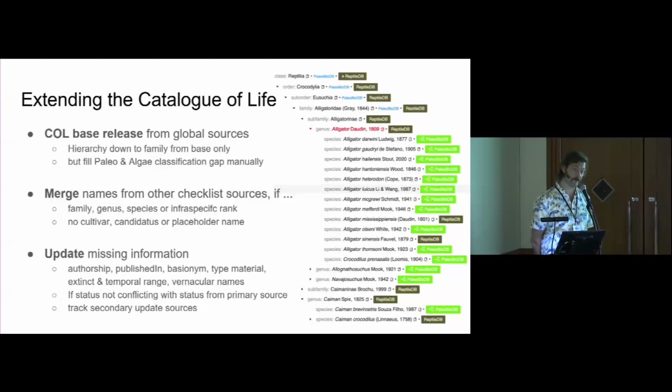Sometimes the publication from when it was first published is missing. The type material might be somewhere else, or vernacular names in some languages exist. So we do update existing species as well from other sources. And we track these by what we call secondary sources, because they're not the primary ones that created or established the species in the Catalogue of Life, but just give extra information.